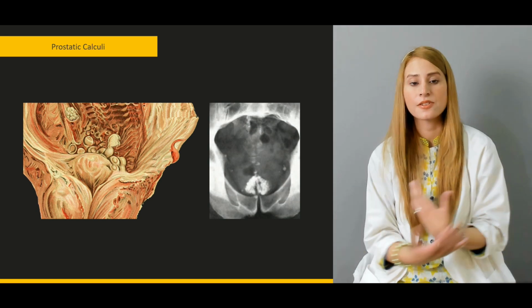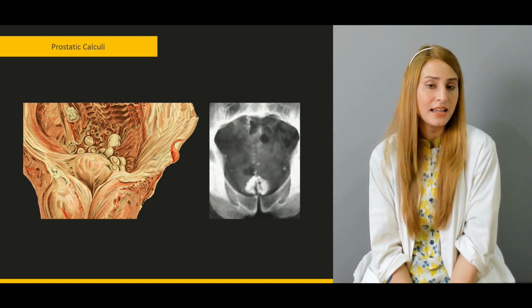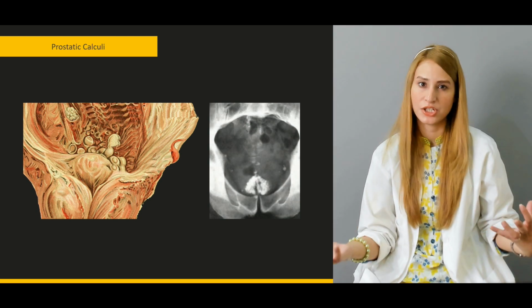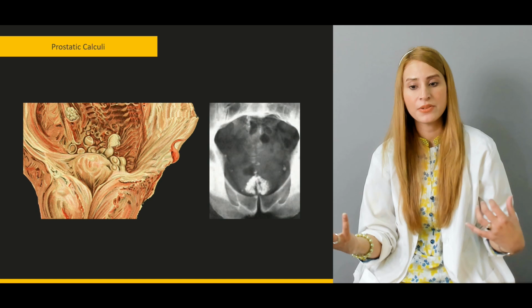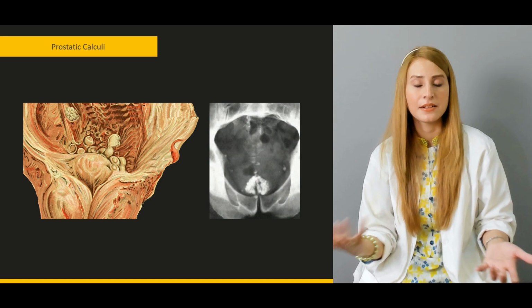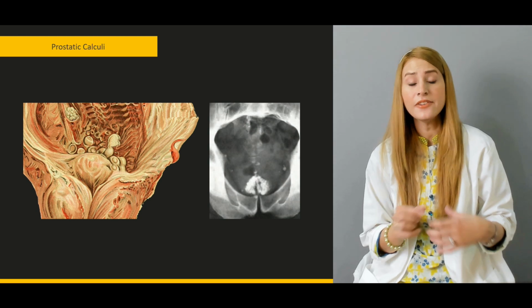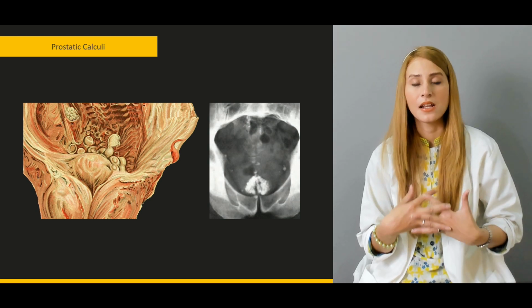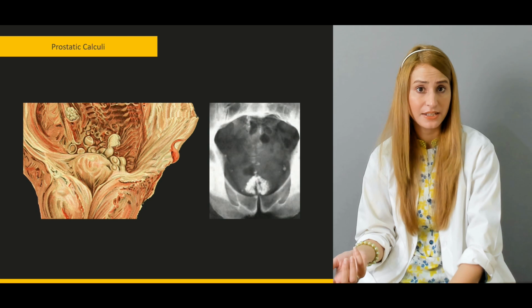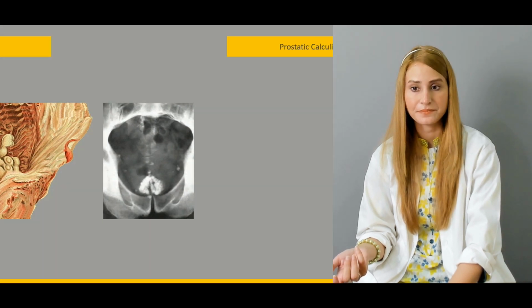And in case of the prostatic calculi, there's nothing much you have to do. The patient remains asymptomatic, and you leave the patient like this if the stone is small. And if it's causing a lot of problems, the patient becomes symptomatic, you do the prostatectomy.